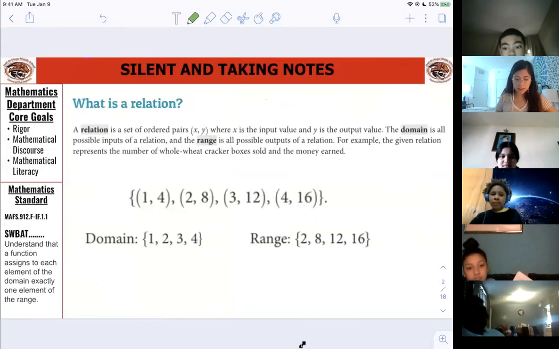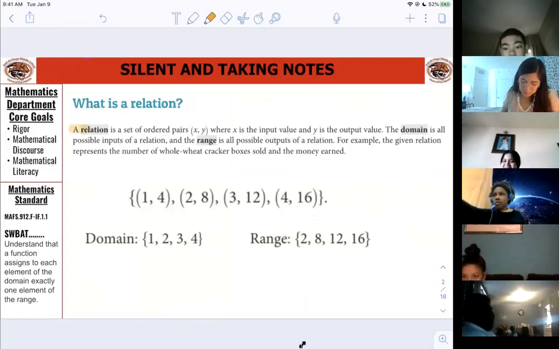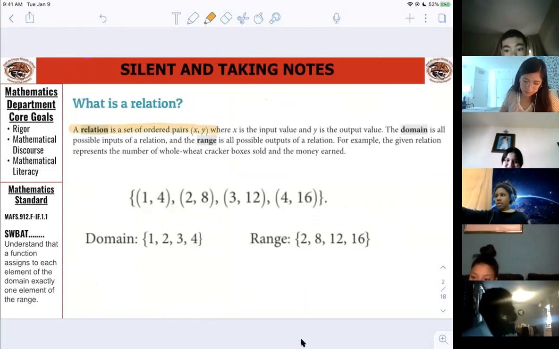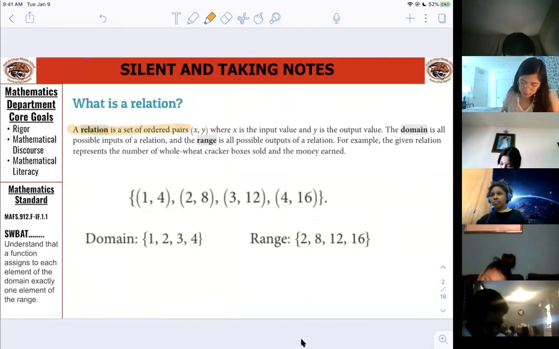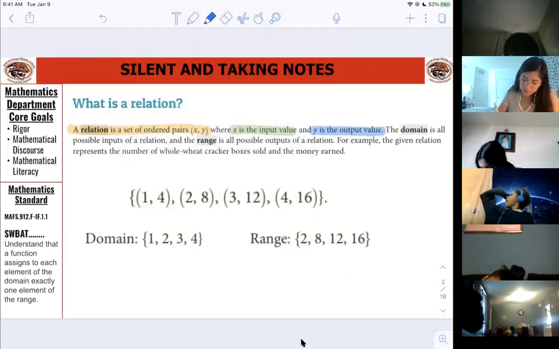So what I would like you guys to do is write down a couple of definitions. Hold on. Okay. I'm going to highlight each one. I'm splitting this up into 3 separate definitions.